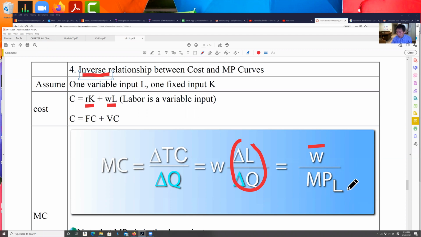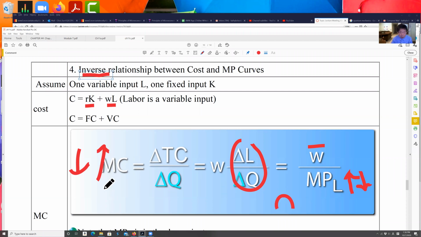When marginal product of labor is rising, this ratio must be going down. When marginal product of labor is going down, marginal cost moves in the opposite direction. Okay? So we know the shape of marginal product of labor is better shaped like this.